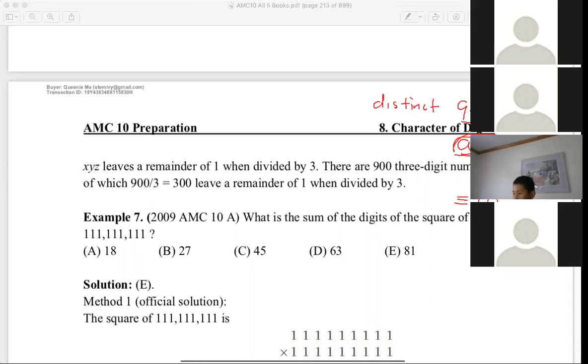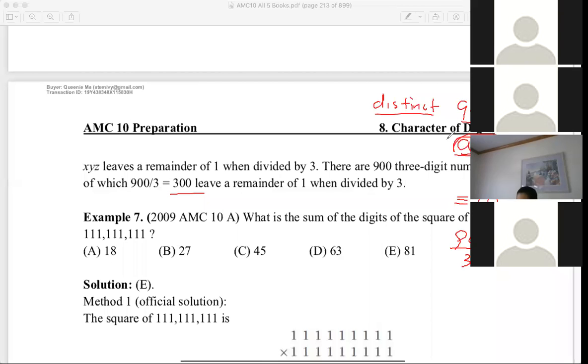So the total number of 3-digit numbers that give us the remainder 1 should be only 300, right? So that means 300 will leave a remainder of 1 when we divide by 3. Okay, so the correct answer is 300. So here, this distinct condition makes the answer 300.